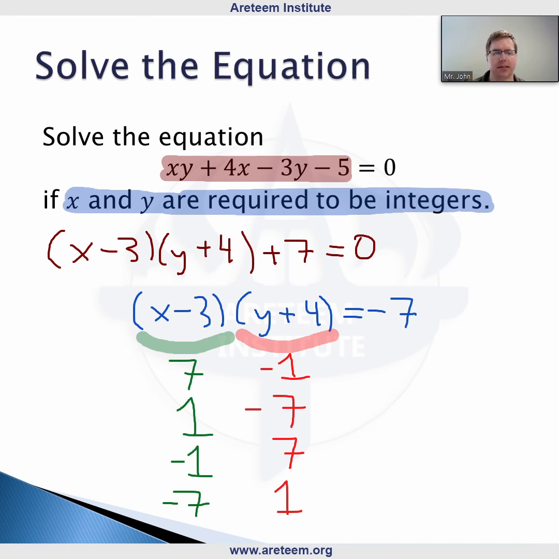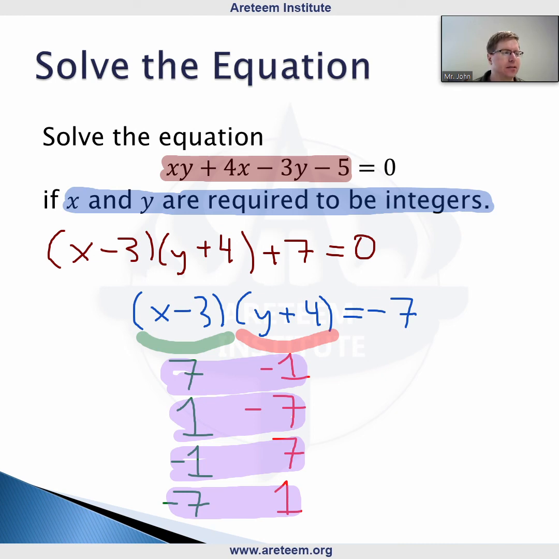So if we take these one line at a time, we have these 4 possibilities for x minus 3 and y plus 4. And now we want to start combining these into our final answers.